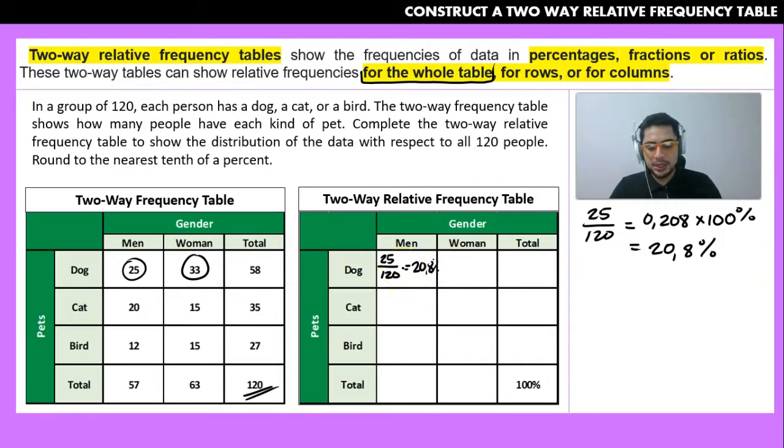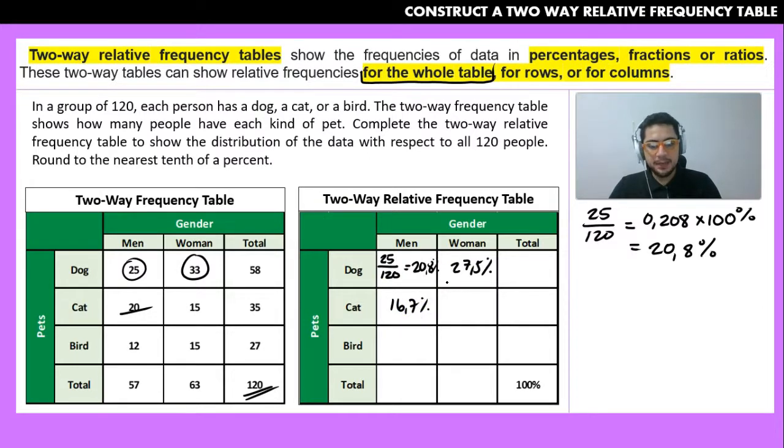So again, 33 divided by 120 multiplied by 100 is going to give us a total of 27.5%. Now, cat is 20, so 20 divided by 120 multiplied by 100 is going to give us a total of 16.7%.